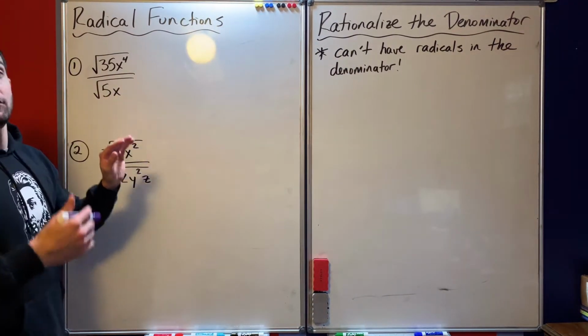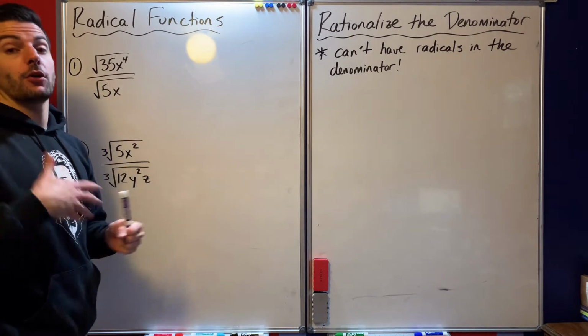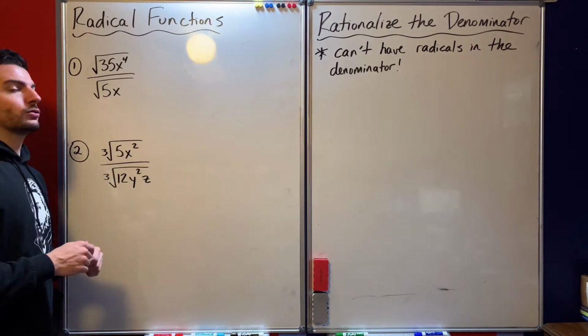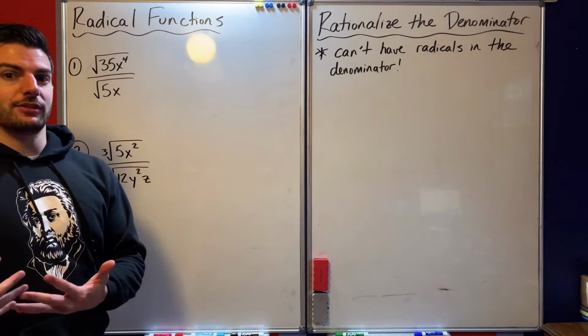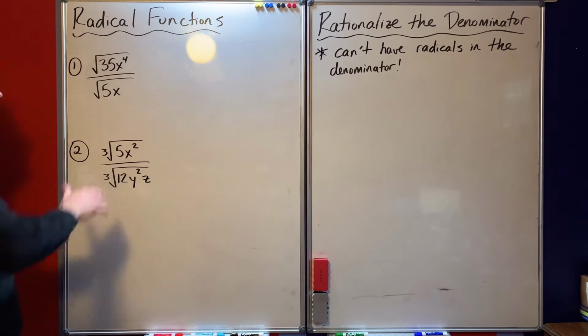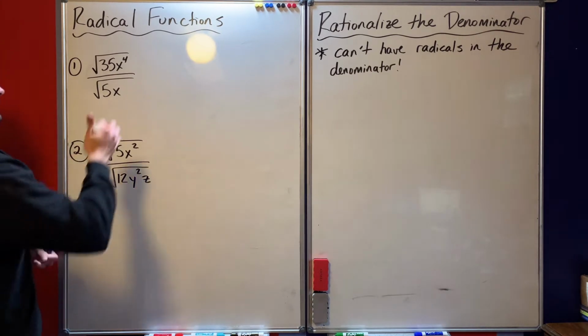So if you watched my previous video about multiplying and dividing radical functions, you would have seen that there are some times that we can really easily simplify the radical, okay?